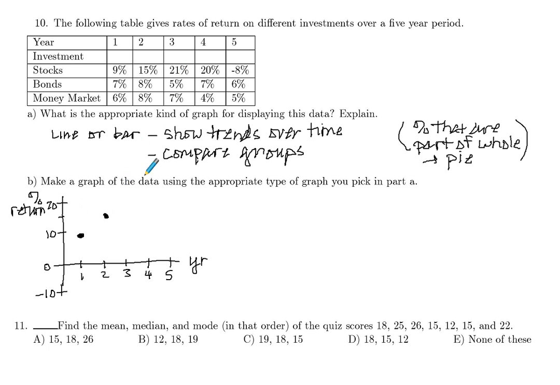And then 21% in year 3, so we're up a little bit above 20 in year 3, about right there. 20% in year 4, so just slightly lower. And then -8% in year 5, so that's going to go down negative, about right here. And let's go ahead and connect those up with a line.